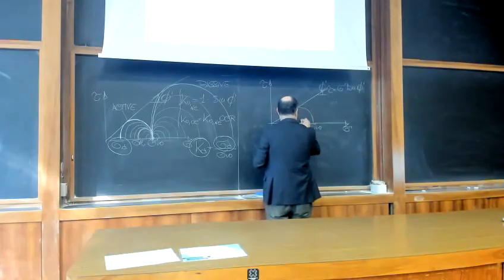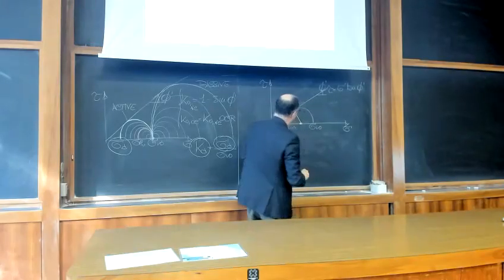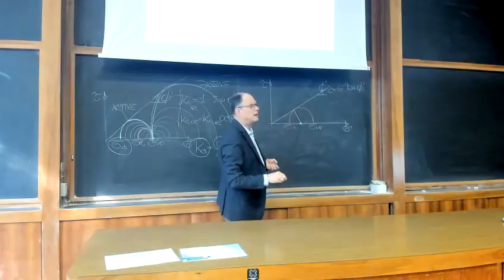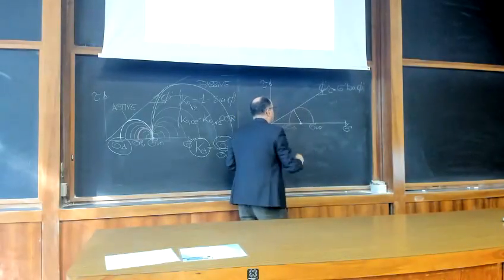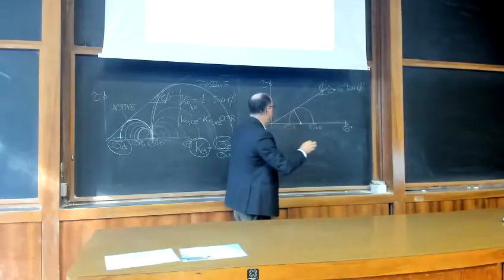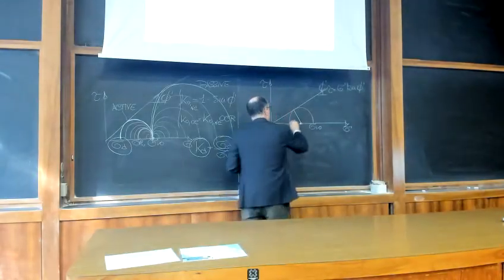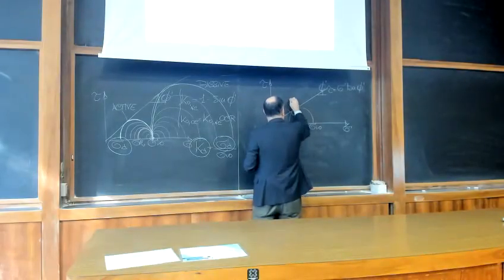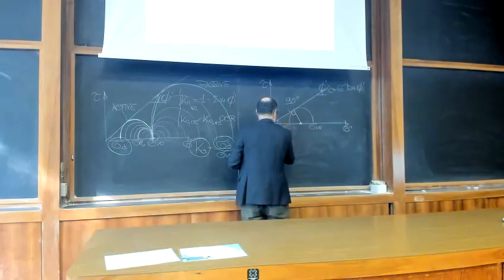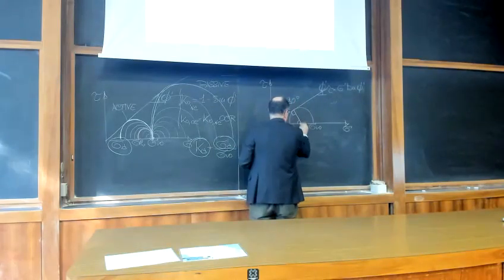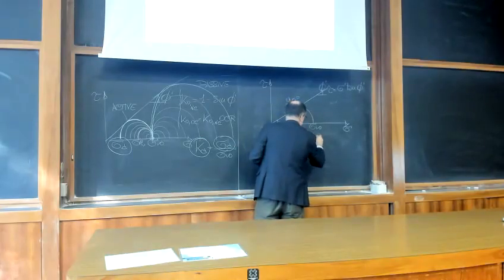So if you think that this is a circle, the radius of a circle is always orthogonal to any tangent. Okay? So we know that this is 90 degrees, and this is phi. So we also know this angle, which is 90 minus phi.